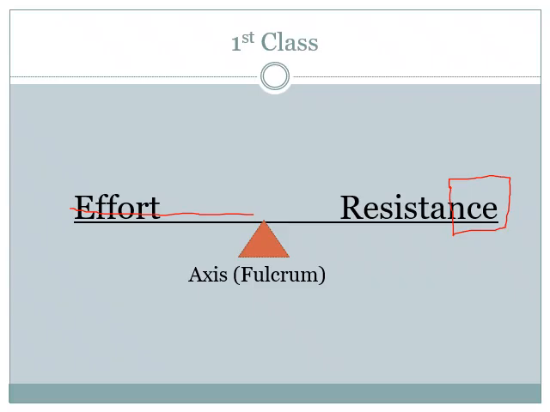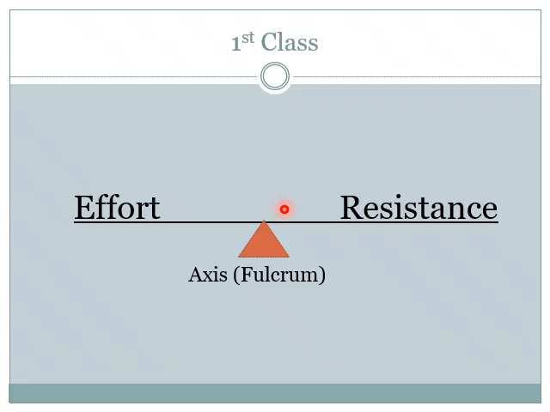So, as you see with a first class lever, you could have a mechanical advantage greater than 1 if the effort arm is longer, or you could have a mechanical advantage of less than 1 if the resistance arm is longer. You could also be in a situation where it's just right in the middle. Typically, the goal of a first class lever is to create some sort of balance in many instances, which would make sense.